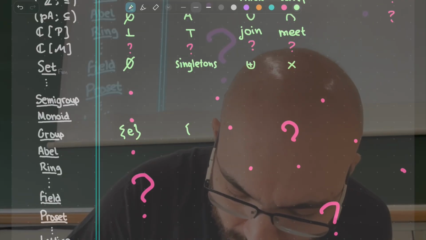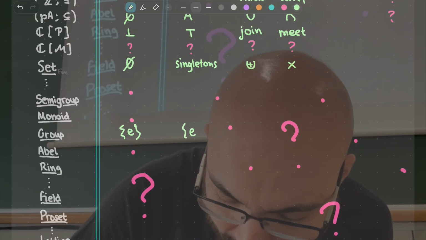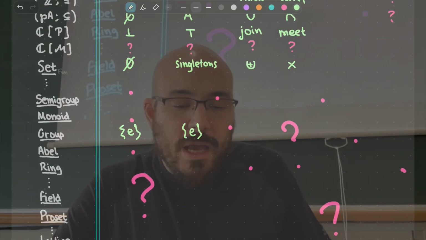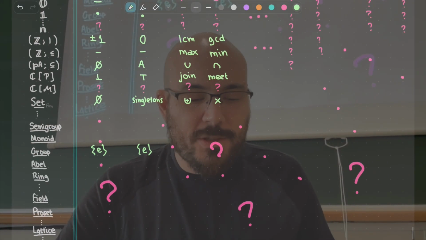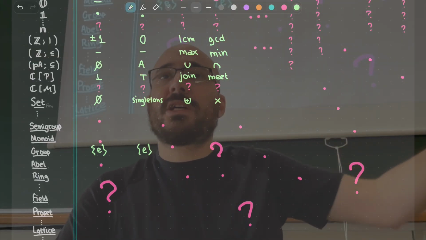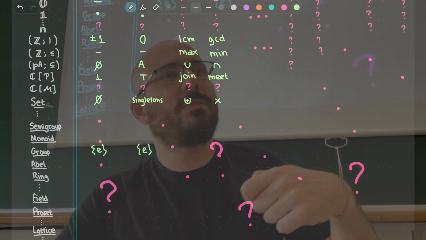Okay. So it's a good opportunity to give it a name when this happens. In the category of groups, we have something, maybe you think it's weird, but it's not so rare: the same object satisfies the condition of being a terminal object and the condition of being an initial object.